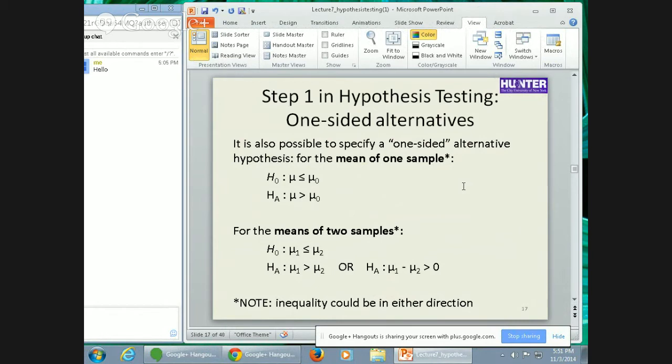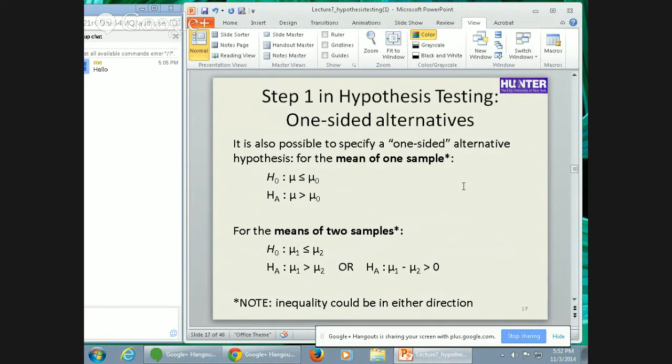The situation in which one-sided tests really are appropriate is the test of no harm.